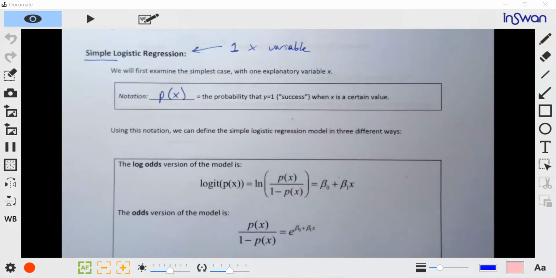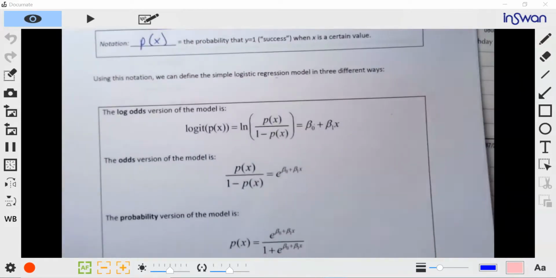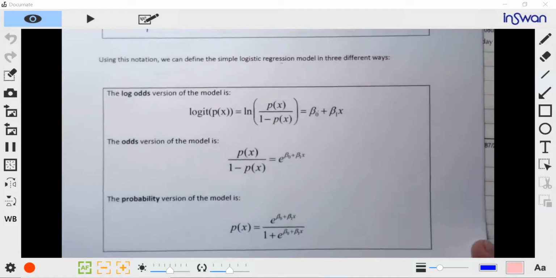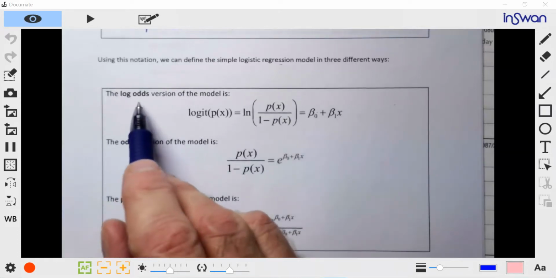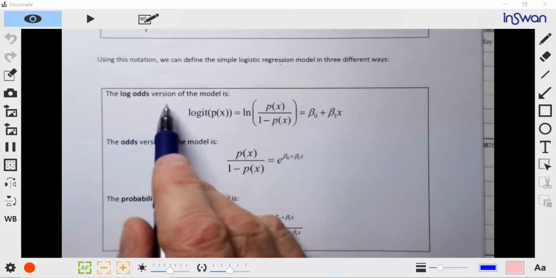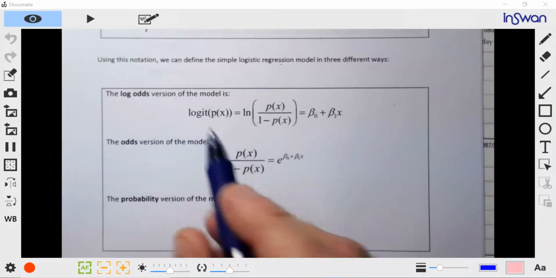And we can define the simple logistic regression model in 3 different ways. And I already hinted at these as we were building up to logistic regression in the last set of notes. So we can look at the log odds version of the model.